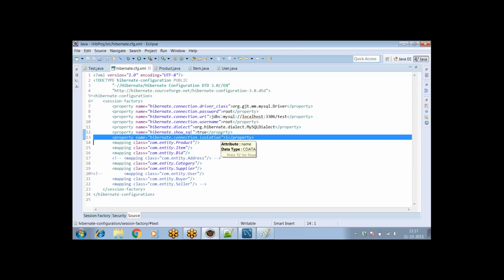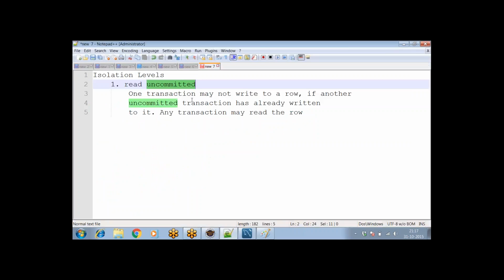Okay. The next isolation issue is dirty read. Hope you might have heard about the dirty read problem. It is the second isolation issue.